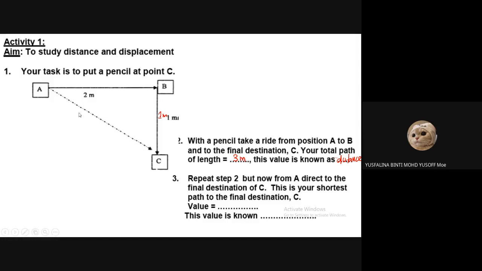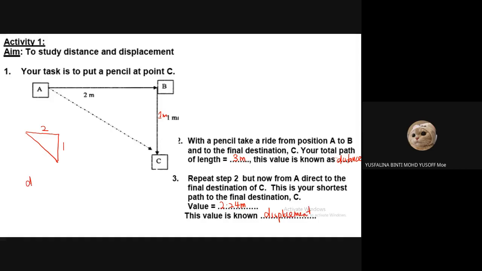How do you find this one? You use the Pythagoras theorem. Find for me the value of C. 2.24. Oh, so fast. Very good. So the value is 2.24 meter, and this value is known as the displacement. You can see what it means by displacement.